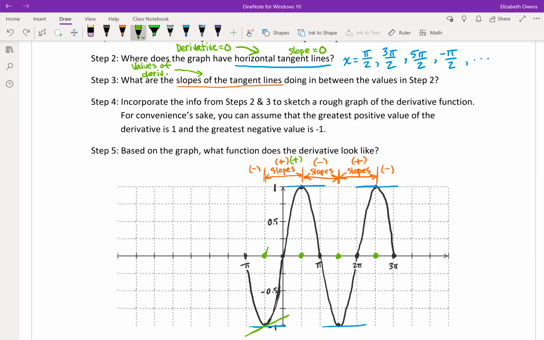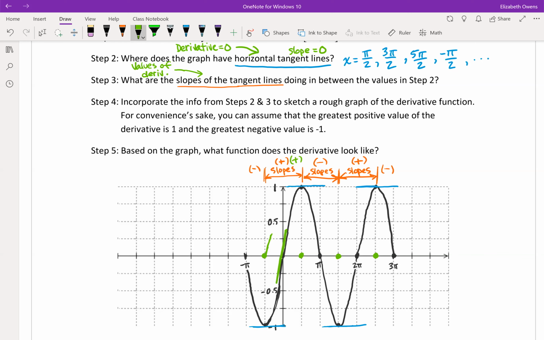But then that value starts increasing because the steepness of that tangent line is going to increase pretty quickly. Our next tangent line might look something like that, a larger positive, an even larger positive. So this is just increasing there. And it looks like we are probably going to have our steepest tangent line slope right in the middle of that interval, right here is about as steep as it gets.